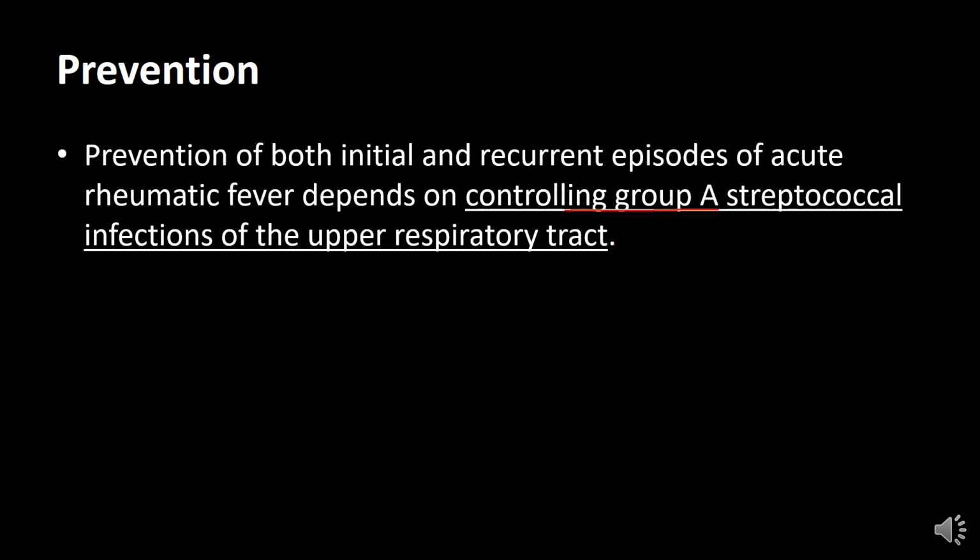Because remember, we have been able to demonstrate a link between the streptococcal URTI and the development of rheumatic fever when we began the lesson. Therefore, to prevent rheumatic fever, first and foremost, we need to control the group A streptococcal upper respiratory tract infection.